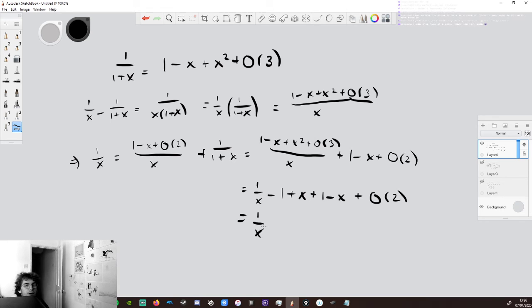This, of course, only works the whole way. We've assumed that the x is small. That's fine. We can do that whenever we want, but I did read a paper at some point.